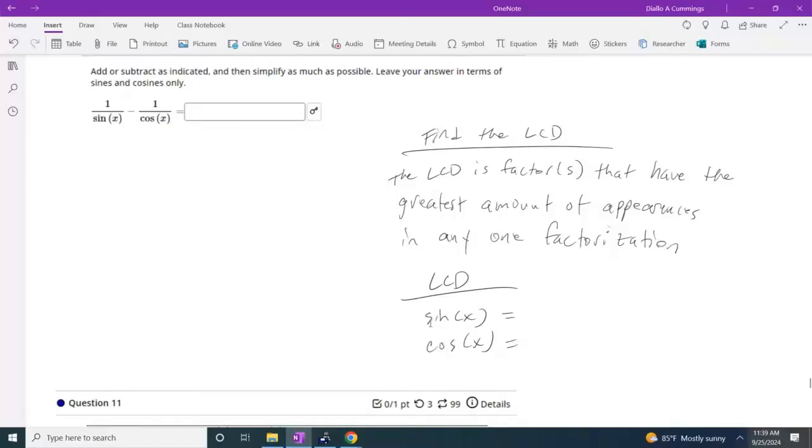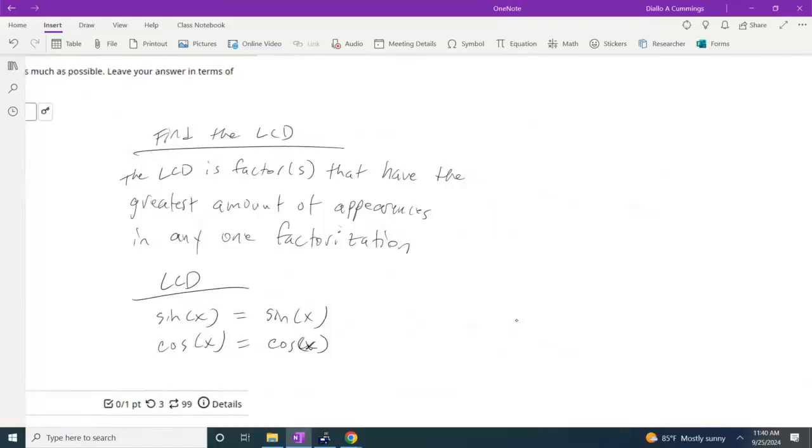These denominators are already factored. Factoring means rewriting whatever you're given as a product. I can't factor anything, so my denominators are in lowest form. So when I factor sine x, I get sine x, and when I factor cosine x, I get cosine x, as they're already completely factored.